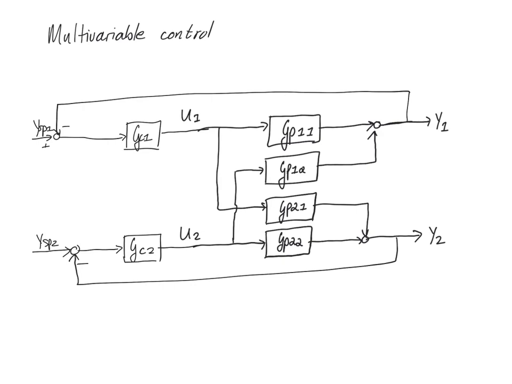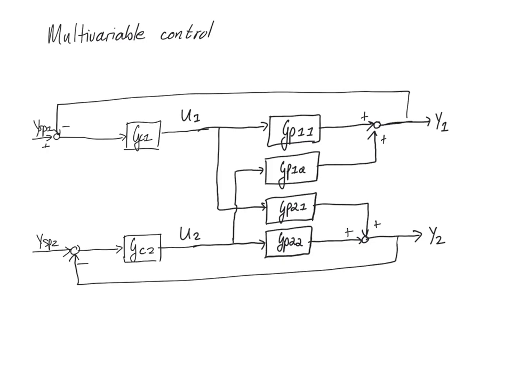So here we have the full control configuration. Now we mean for this configuration to use the first variable to control the first variable and the second variable here to control the second variable over here. But as you can see, there are some additional loops that are formed while we are trying to do this.